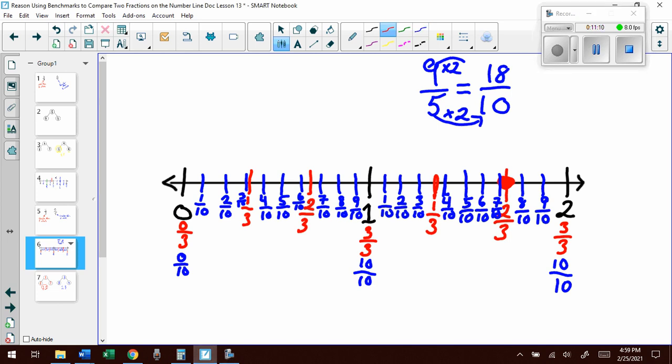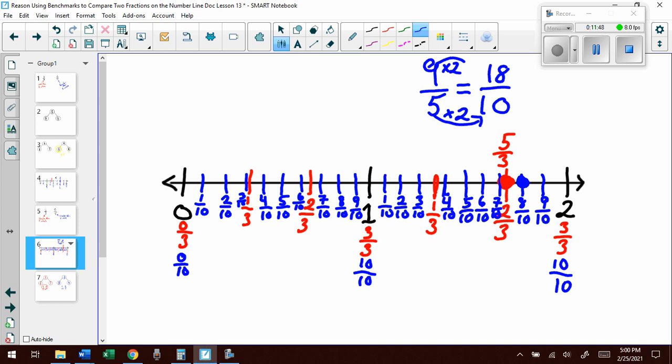So again, right here, we have marked out, first, we marked out 5 thirds, or 1 and 2 thirds. Now we're after 9 fifths, which would be 18 of these tenths. So let's count. 1, 2, 3, 4, 5, 6, 7, 8, 9, 10, or 1 whole. 11, 12, 13, 14, 15, 16, 17, 18.